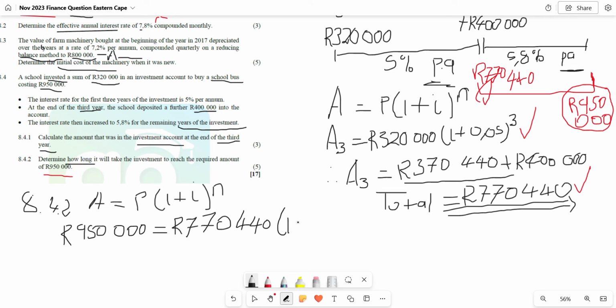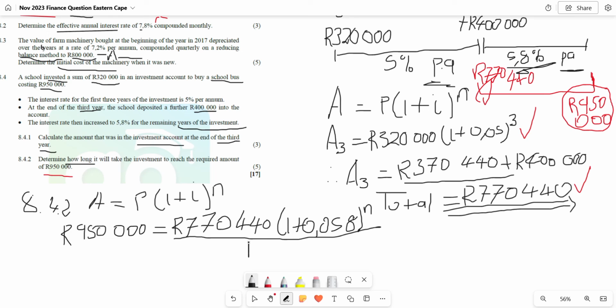In bracket 1 plus. Now, from T3 to the end of the investment, the interest rate changed to 5.8. Then we are going to say 5.8 divided by 100%, which gives us 0.058, all to the power of n. If you are looking for i or n, first we have to divide by the principal amount, the P value.